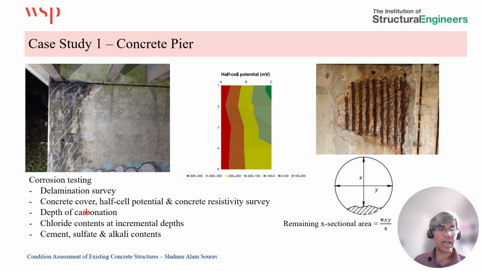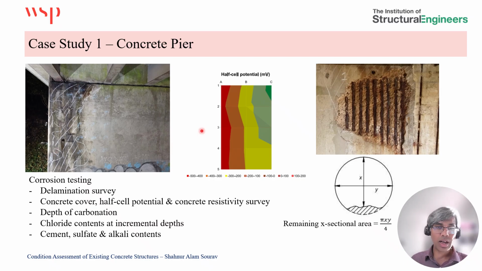We undertook concrete cover, half cell potential survey, and concrete resistivity. We undertook depth of carbonation. We undertook chloride content at several incremental depths in order to know the level of chloride in the concrete at different depths. We have also undertaken cement content, sulfate content, and alkali content to determine if there is any risk associated with sulfate or alkali related deterioration.